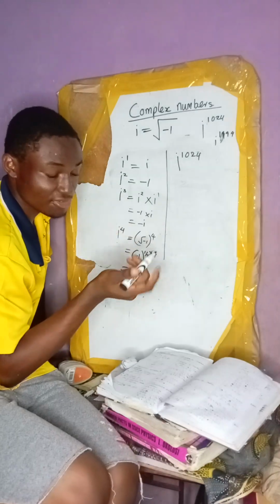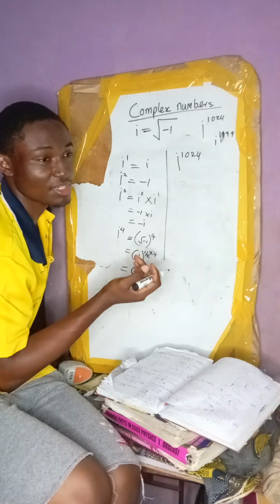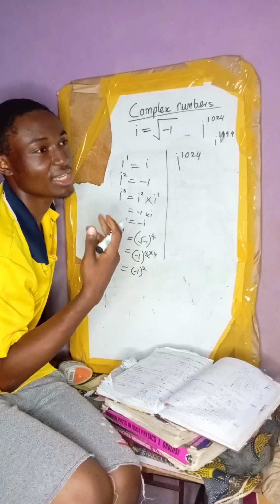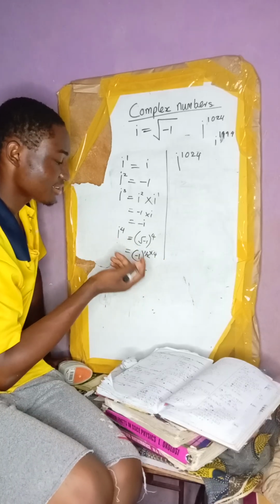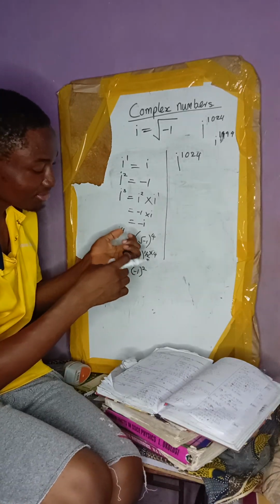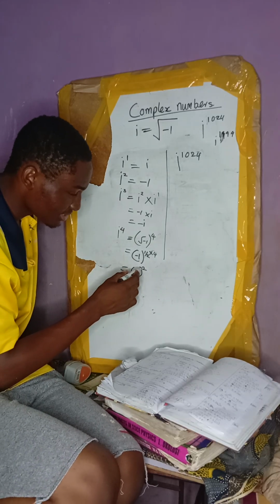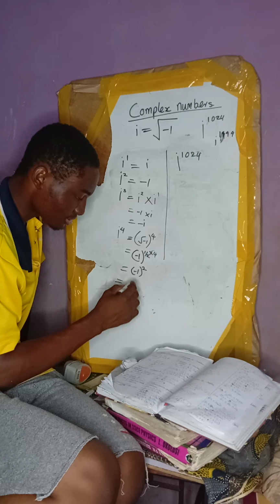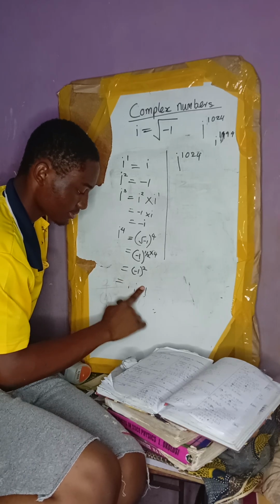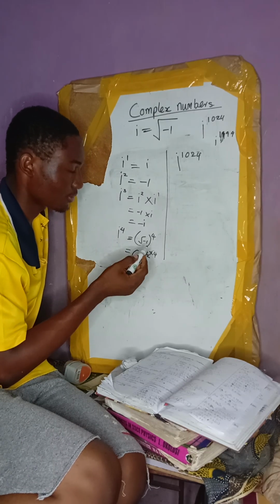And we already know from our basic multiplication that any negative number raised to an even power will always give you a positive number, and any negative number raised to an odd power will give you a negative number. So this is going to give us plus 1, or 1. So our answer is 1 for i raised to power 4.